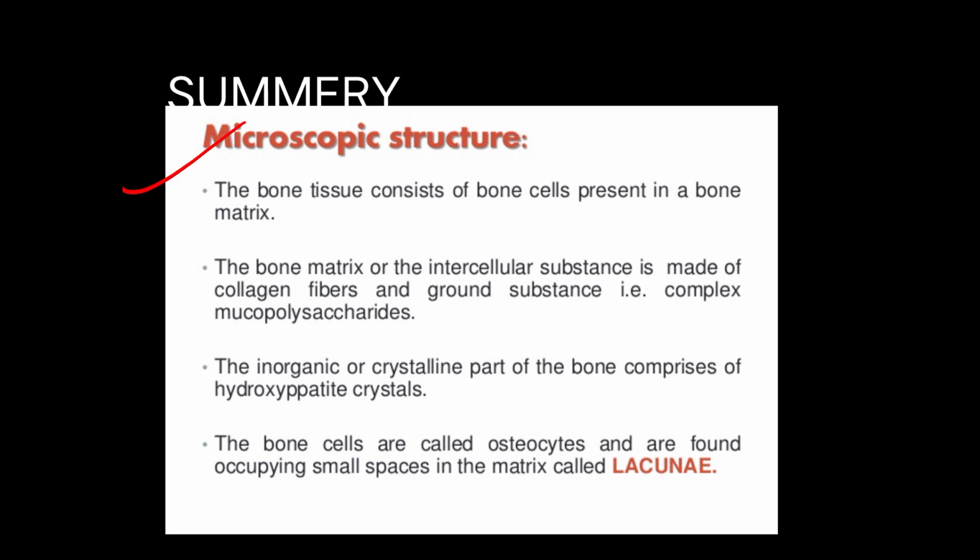So now, the macroscopic structure: what we have seen, what is the summary? The bone tissue consists of bone cells present in the bone matrix. The bone matrix, or intercellular substance, is made up of collagen fibers and ground substance containing complex mucopolysaccharides. The inorganic or crystalline part of the bone comprises hydroxyapatite crystals. The bone cells are called osteocytes and are found occupying small spaces in the matrix called lacunae.